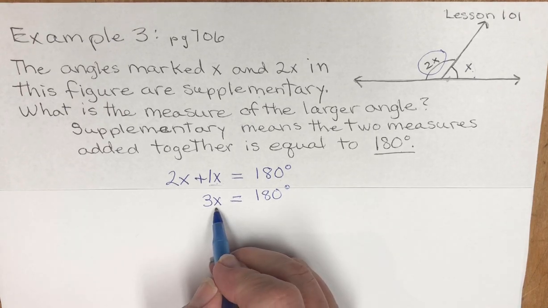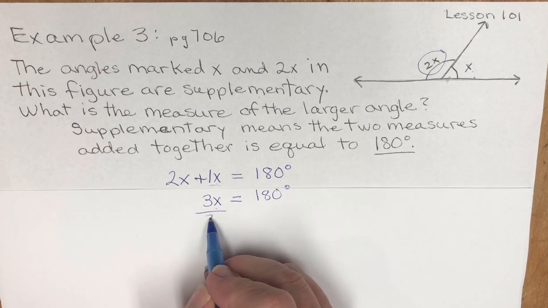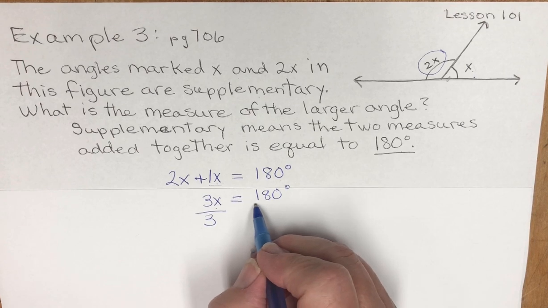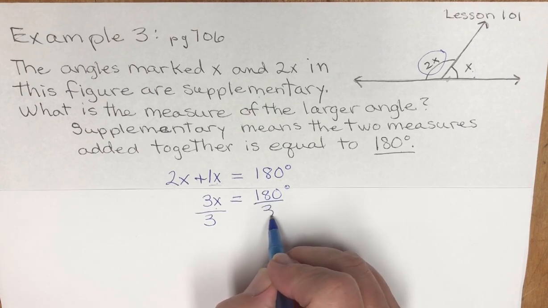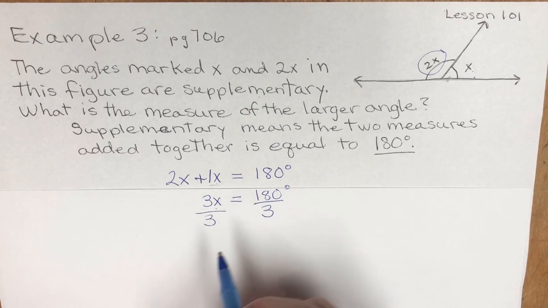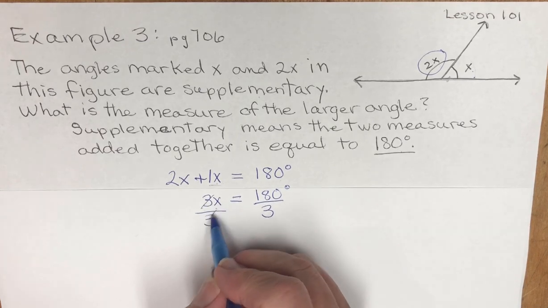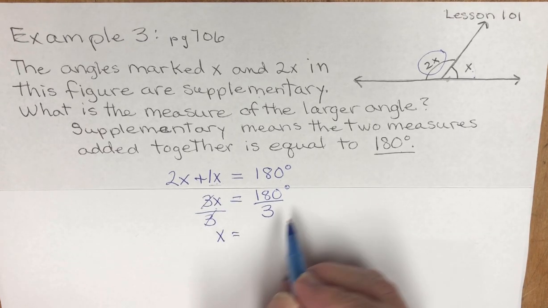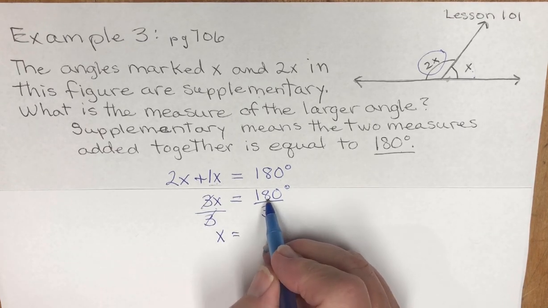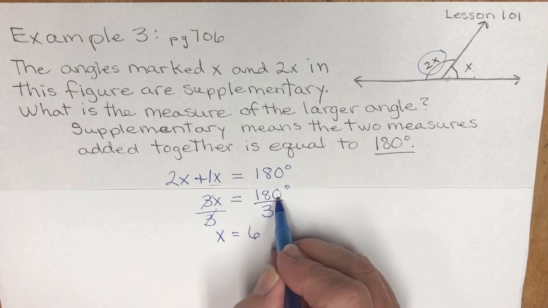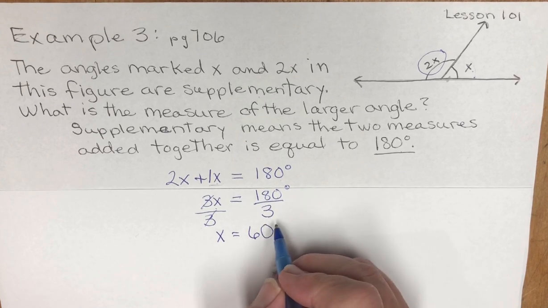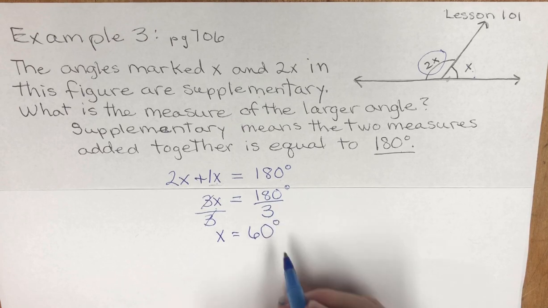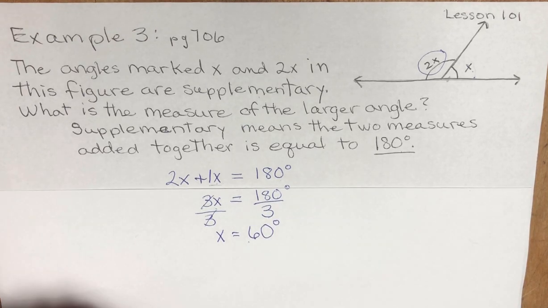To isolate our x, we're going to divide this side of the equation by 3, and then we will divide this side of the equation by 3. So now these cancel. X is going to be equal to 3 goes into 18 6 times, and 3 goes into 0 zero times, and we have 60 degrees for x. Now, did they ask us for x?